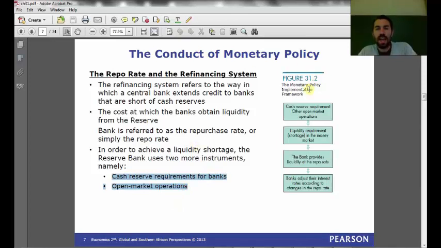So what tends to happen is there's a cash reserve requirement, which then creates a liquidity requirement, and the Reserve Bank can then manipulate that liquidity requirement or help banks to achieve that liquidity requirement through the repo rate, and the bank can adjust that rate, and in so doing affects the kind of liquidity access that commercial banks have.